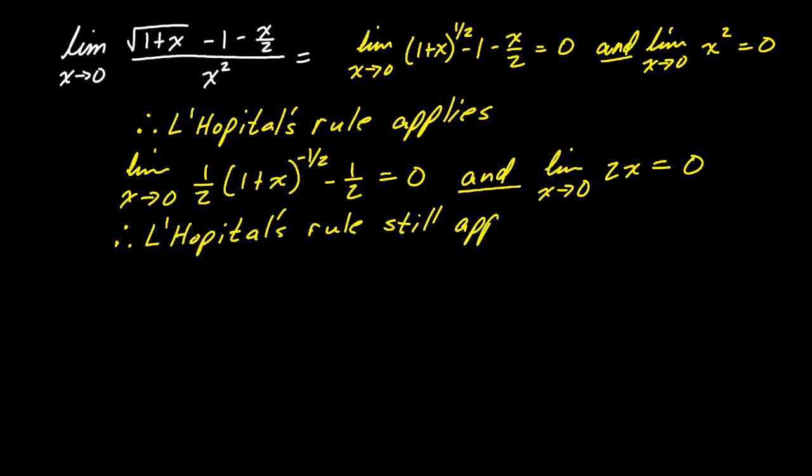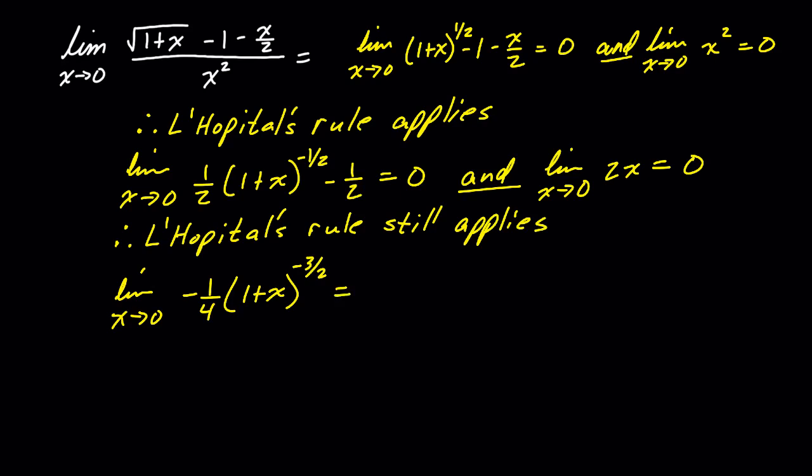And so we can apply this one more time, where the limit as x approaches 0, and then we take our derivative once again. Well, the derivative of the first part here is going to give us negative 1/4 (1 + x)^(-3/2), and the derivative of 1/2 is 0.